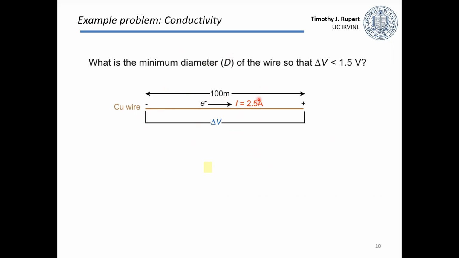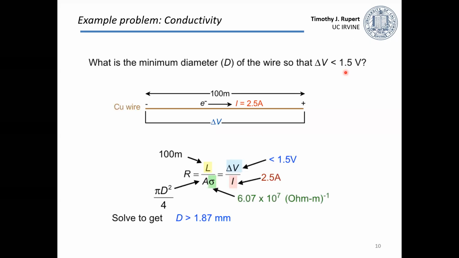You could ask, what's the minimum diameter of the wire so that over this long distance, I only have a drop in voltage of less than 1.5 volts? We could just use those different expressions of Ohm's law that we came up with. I'm showing how we can arrange it and isolate what we were given in this problem.